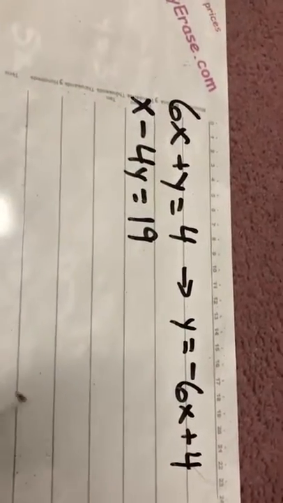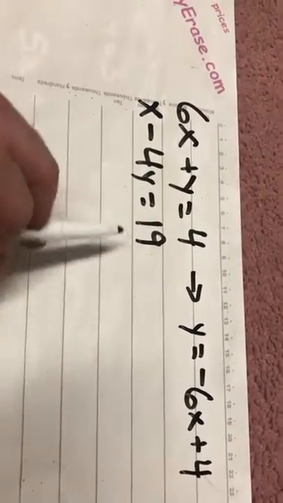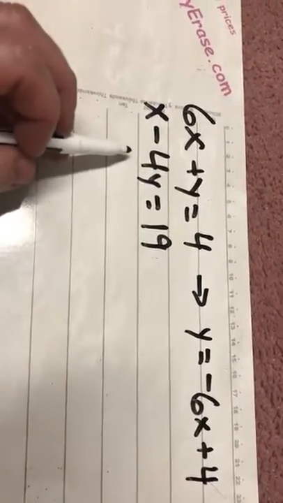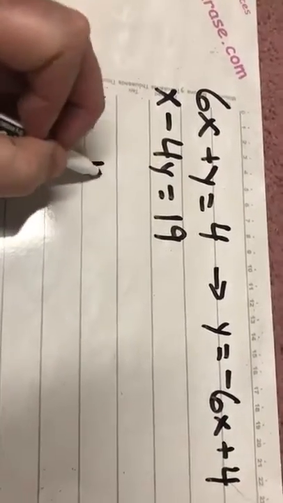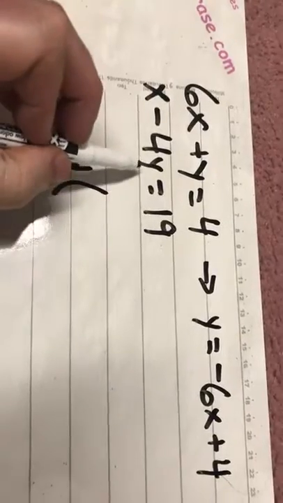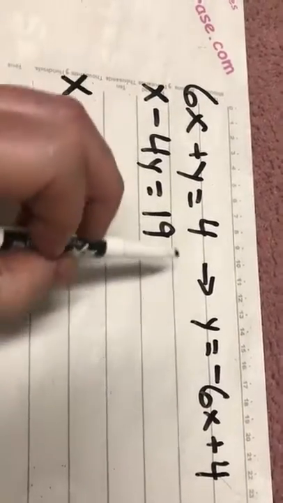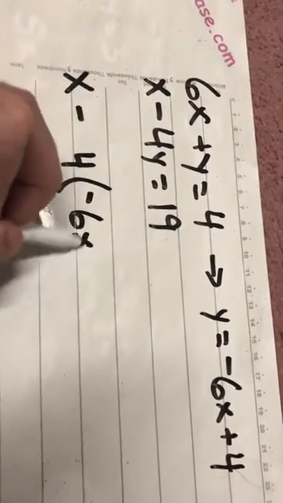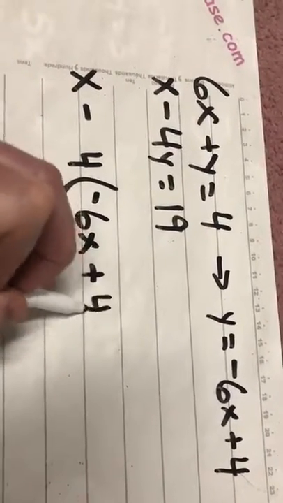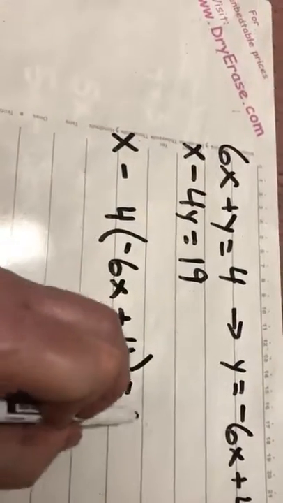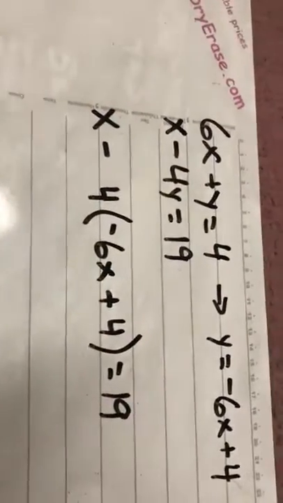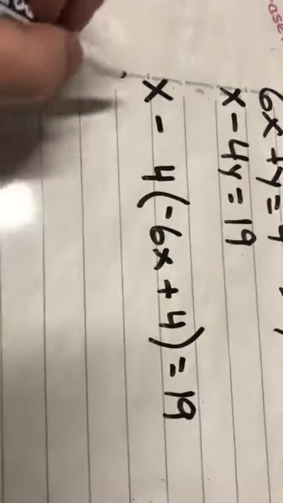All right? So then I'm going to go to this equation, and I'm going to end up with x minus 4. And I know what y equals, so it's 4 times y. Y is negative 6x plus 4. So in this parentheses, I need to have negative 6x plus 4. And I know that that whole thing equals 19. So now I need to clear the parentheses.